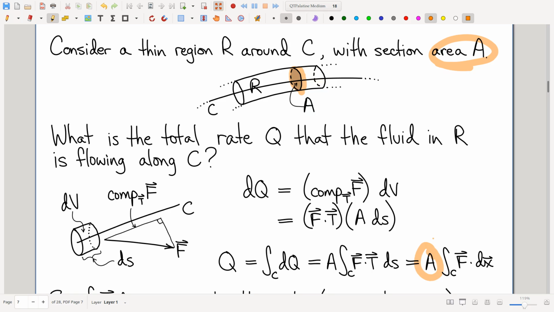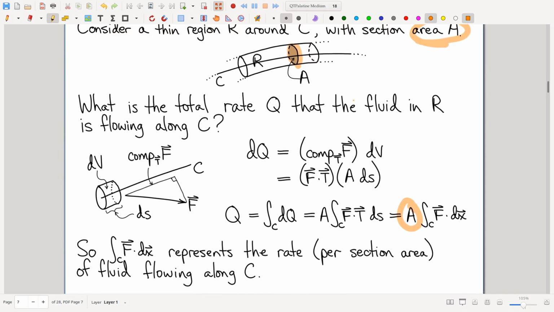It's not really particularly relevant to the curve at all. In fact, the only reason I put this in here is so we can have an actual volume of fluid to talk about in the first place. So the fact that there is a cross-sectional area in the answer is just not that interesting. And so I want to factor that out.